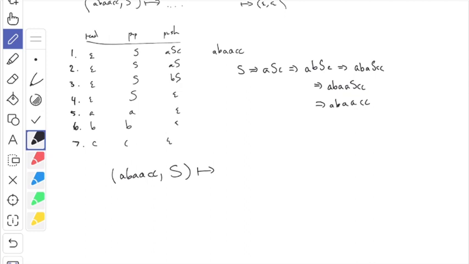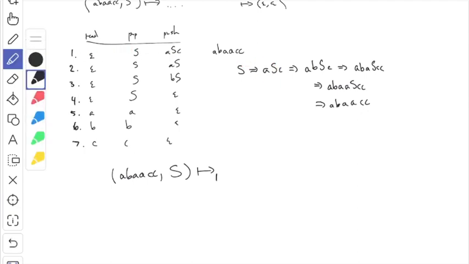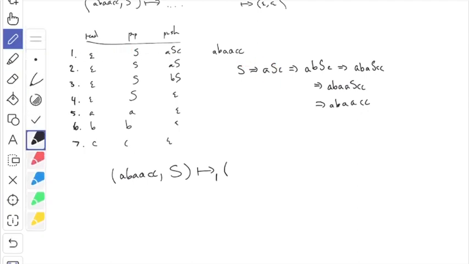Okay, but anyway, I'm going to do rule number 1 first because in the grammar derivation, the first step was S goes to ASC. So I'm going to do the corresponding stack step. What happens is an epsilon read, so I do not modify the string at the beginning here, and then pop S and replace it with ASC, so it looks like that, right?